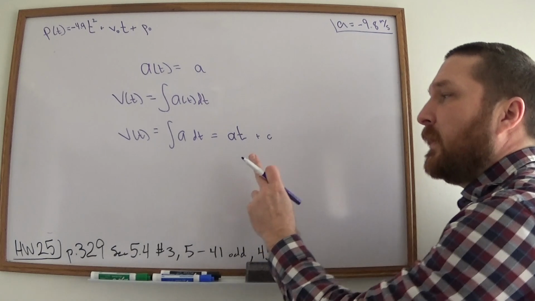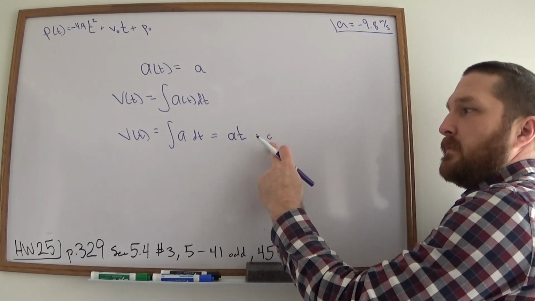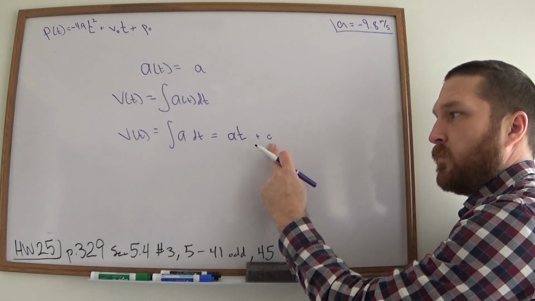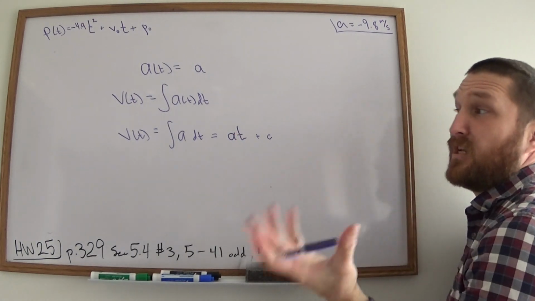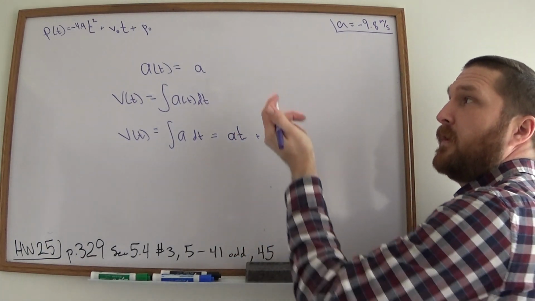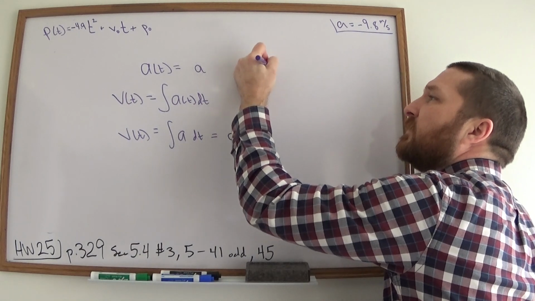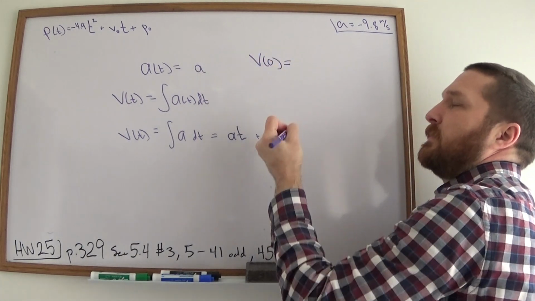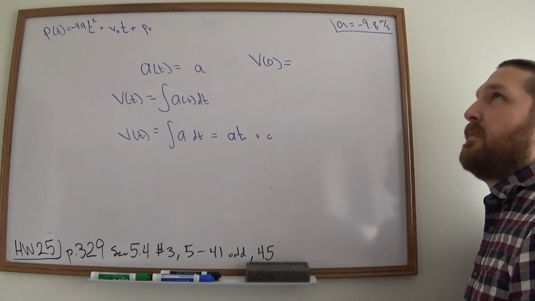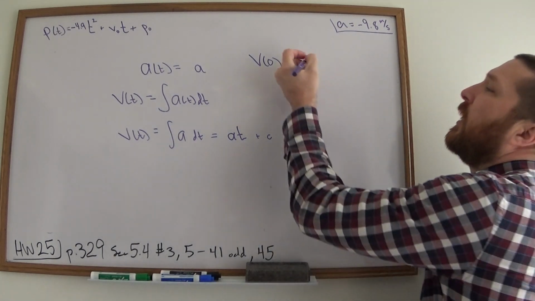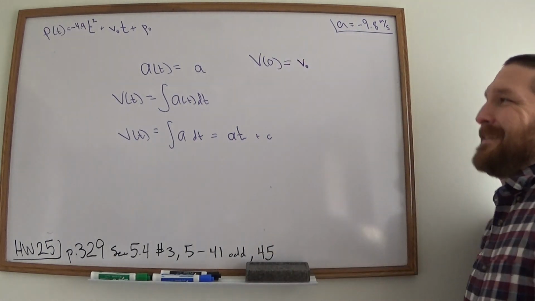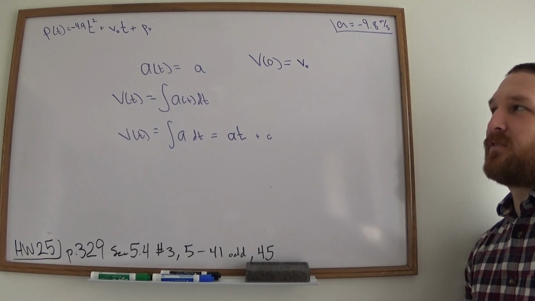Okay. So how do we find that constant C? You need a point. We need an initial velocity. So in other words, if we knew what the velocity was at time 0, and let's say that we did, say it was 5 or 7, why don't we just call it whatever the initial velocity is, just like it shows up in the formula.